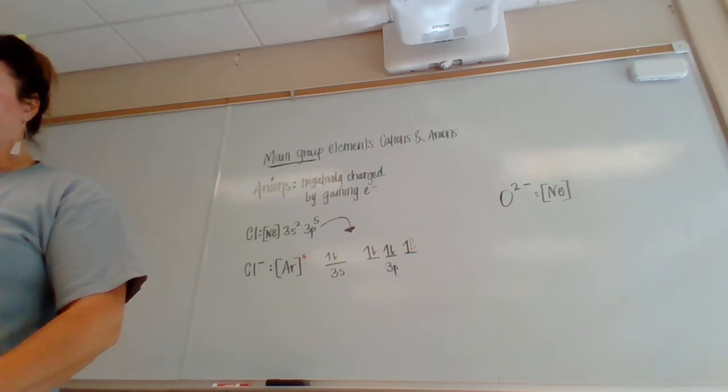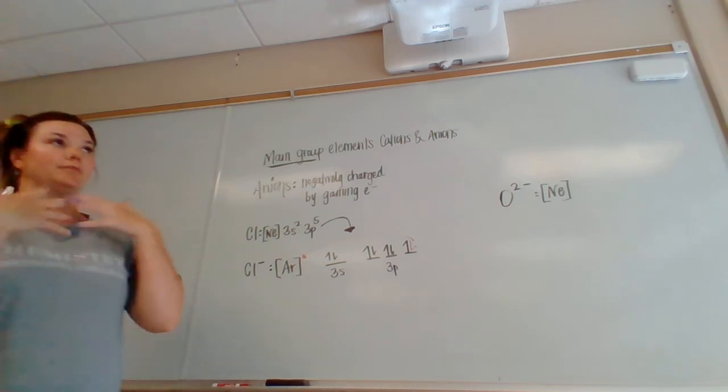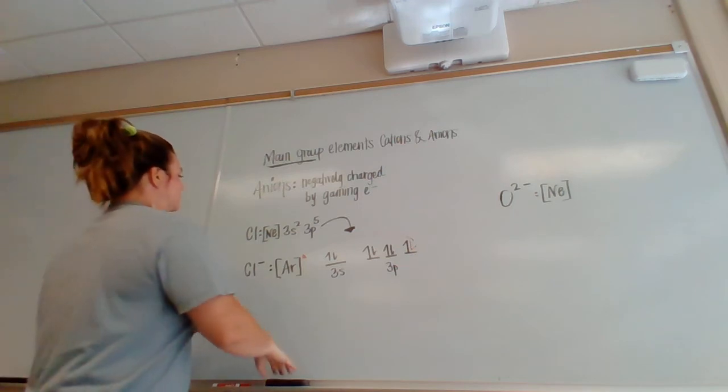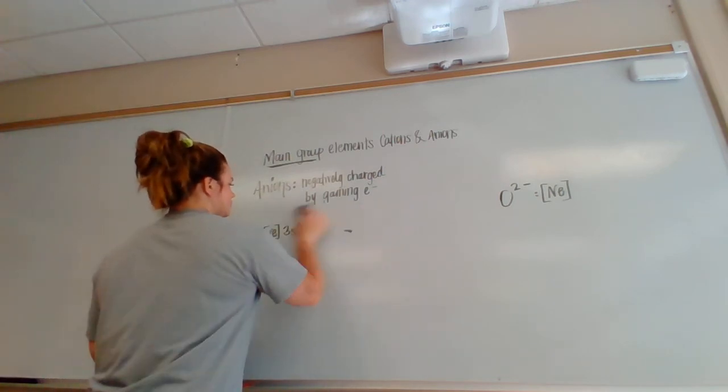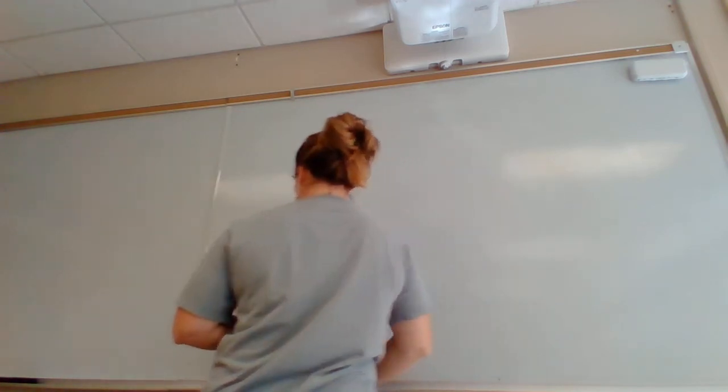Your main group metals are pretty easy. They're predictable. You know what they're going to do. Now let's talk about those nasty transition metals, transition cations and anions.